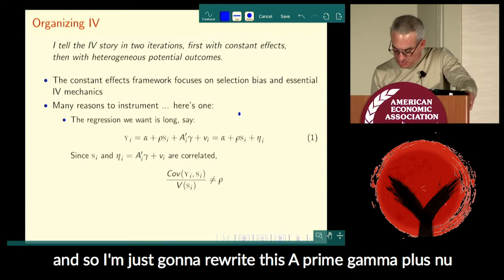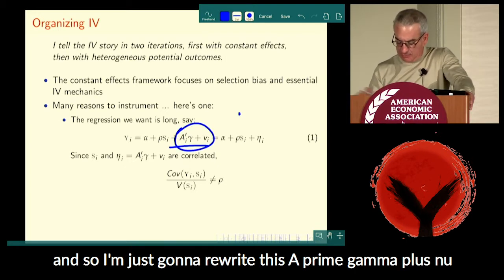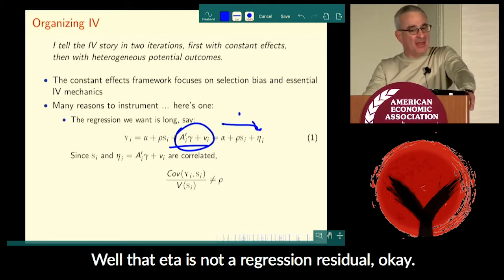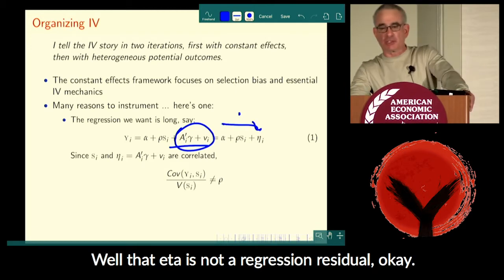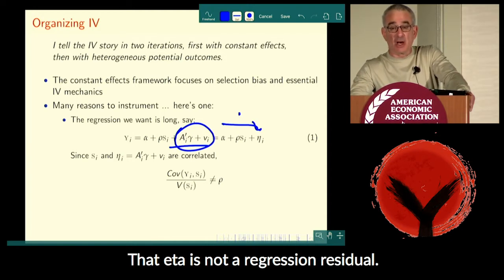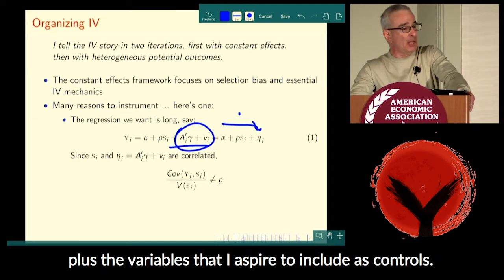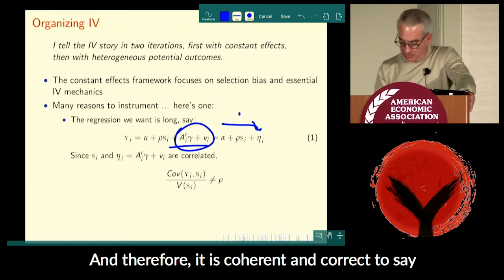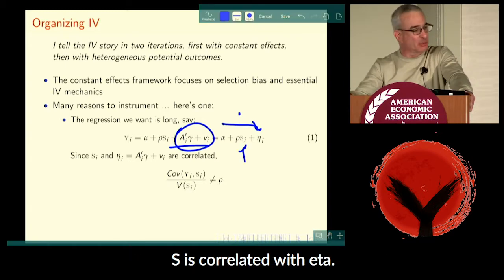And so I'm just going to rewrite this A prime gamma plus nu, and I'm going to call that eta. Well, that eta is not a regression residual, okay? It is correlated with S. That eta is not a regression residual. It's the sum of a regression residual plus the variables that I aspire to include as controls. And therefore, it is coherent and correct to say S is correlated with eta.